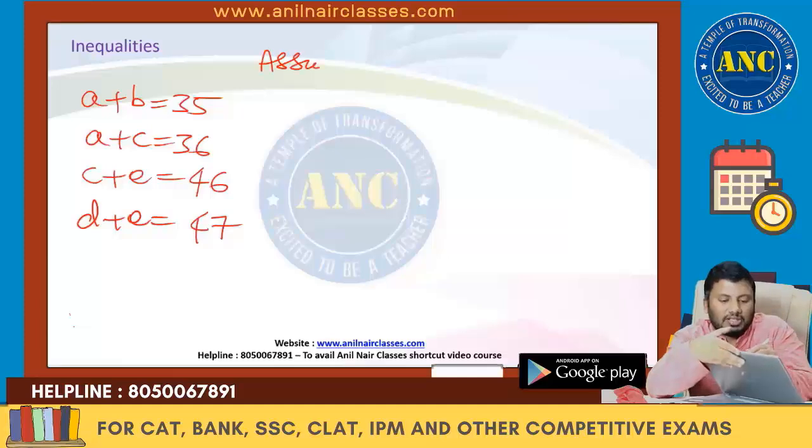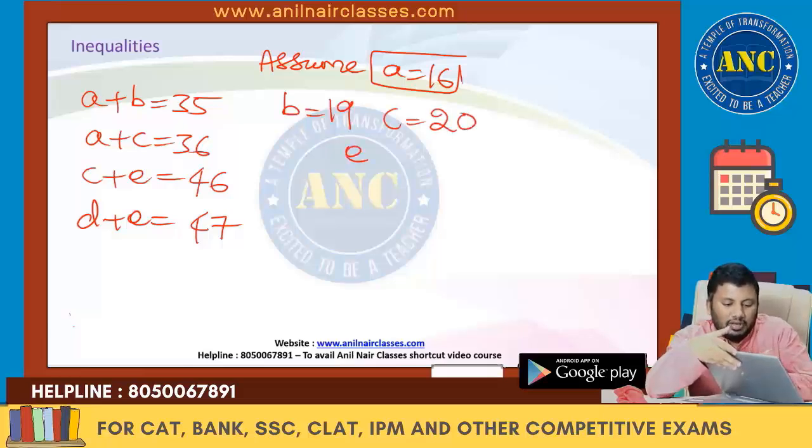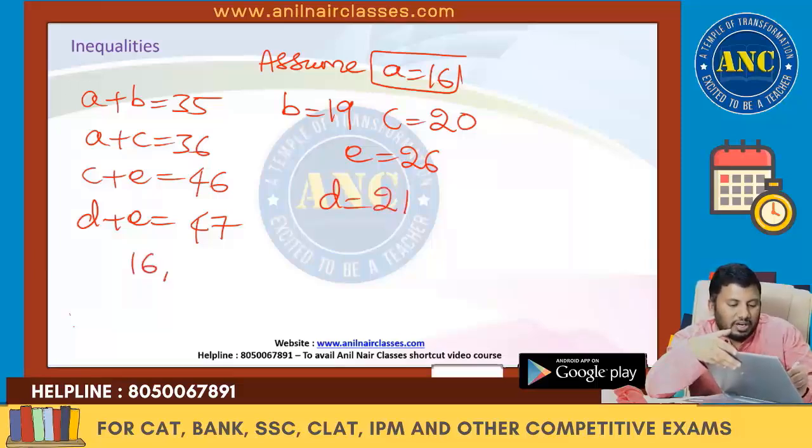Assume A as 16, any value less than 16.5. Assume A as 16. B will be 19. C will be 20. E will be 26. D will be 21.